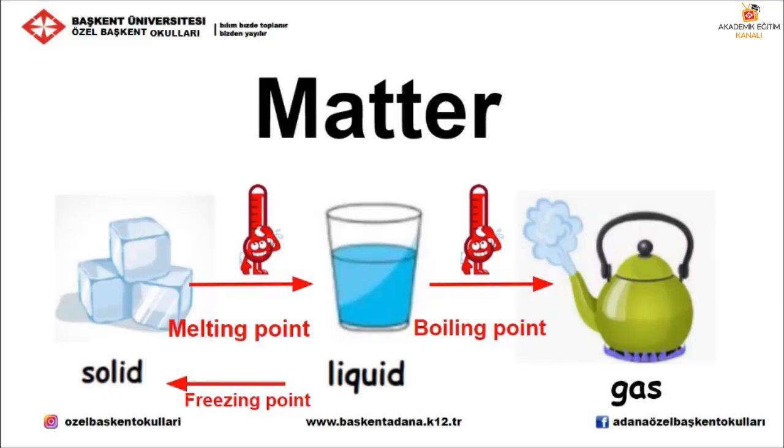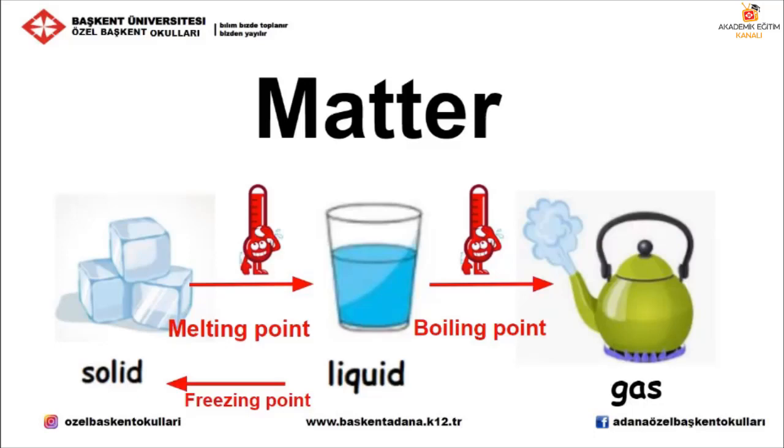So we have seen that matter has different phases, solid, liquid, and gas, and it can change from one phase to another. When the ice cubes get hot enough and reach their melting point, they become a liquid, like this glass of water.